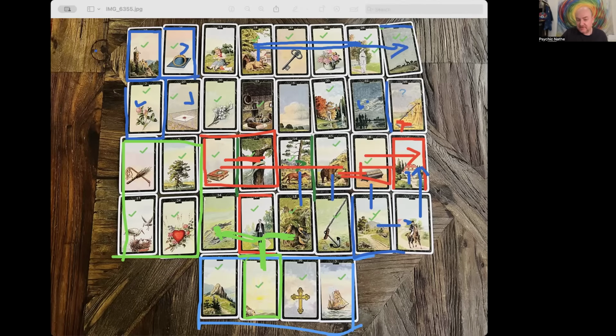Ending with the ship is kind of interesting because this is the last card, and it's usually talk about a move or international, and I'm really not feeling that it's international. Or overseas.